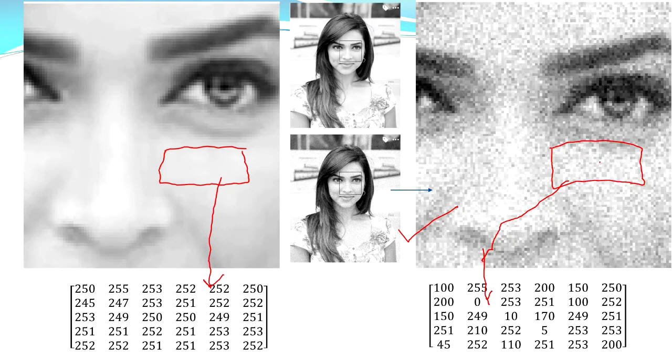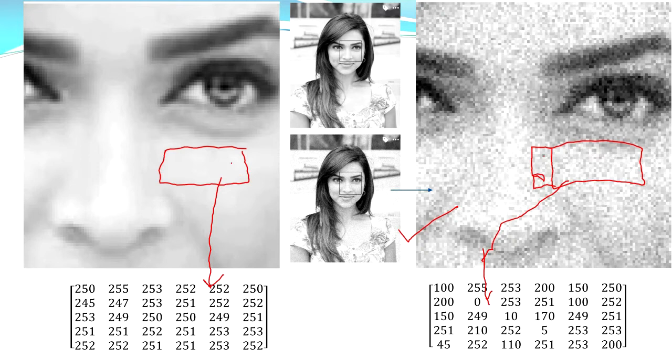Suppose you see this particular pixel over here, that can correspond to 0. So all of a sudden there is a black pixel, since 0 corresponds to black, in this whole grid of white pixels.